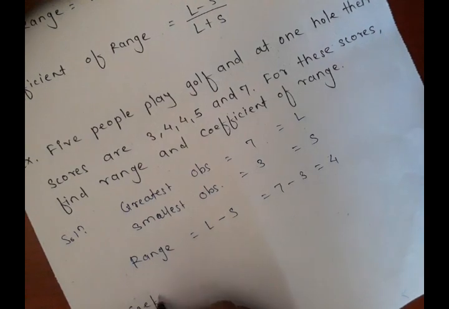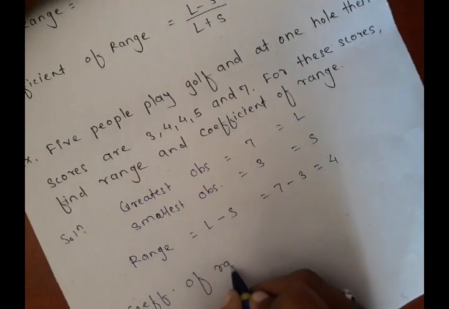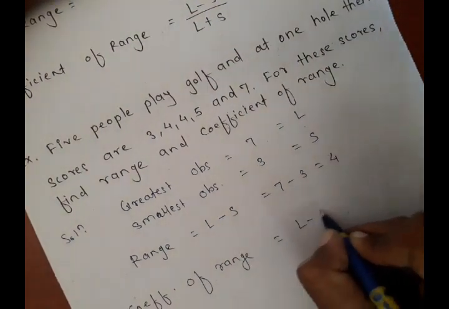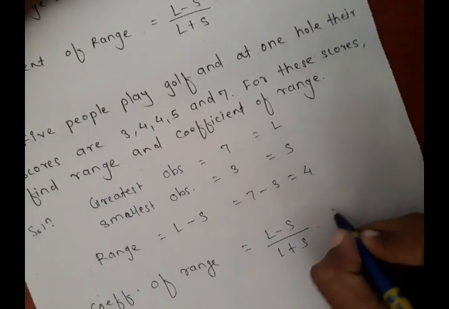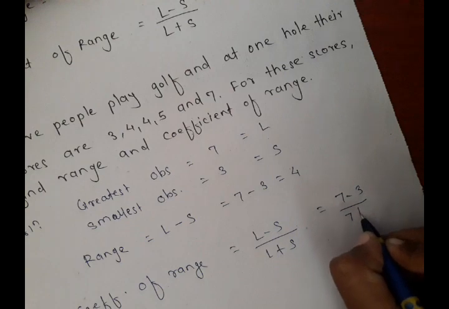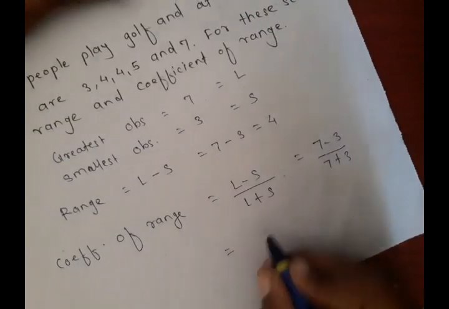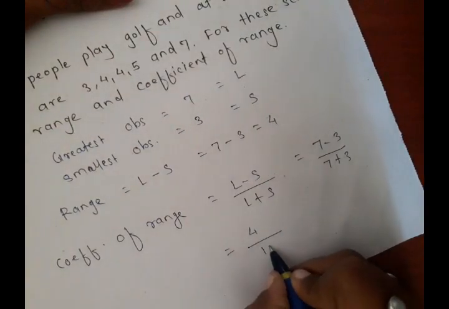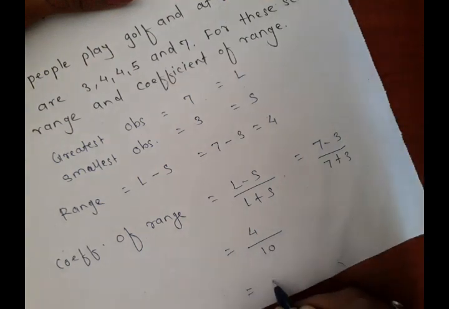Coefficient of range is equal to L minus S upon L plus S, which is 7 minus 3 by 7 plus 3, which is 4 by 10, which is equal to 0.4.